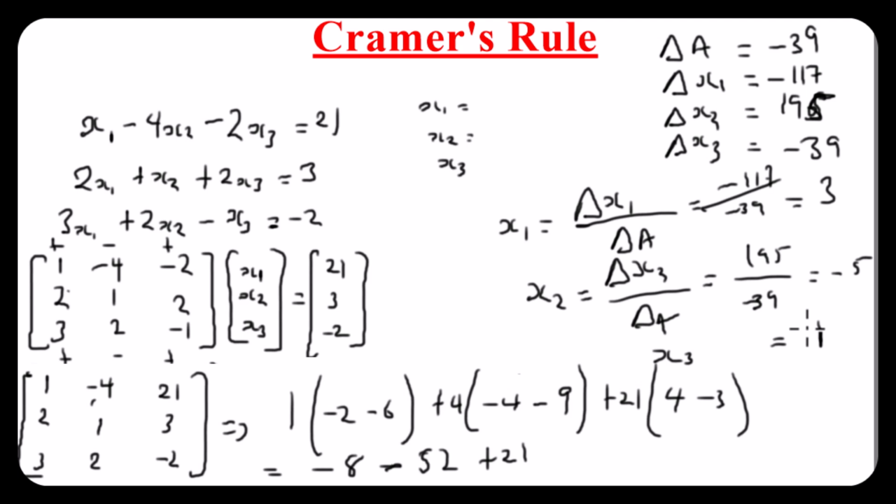We replace the x column with the constants, the y column with the constants, and if it's still available, the z column also with the constants. Then you divide the determinant of x by the original determinant, and you get your x value. Divide the determinant of y by the original determinant, you get the y value. Divide the determinant of z by the original determinant, you get the z value.